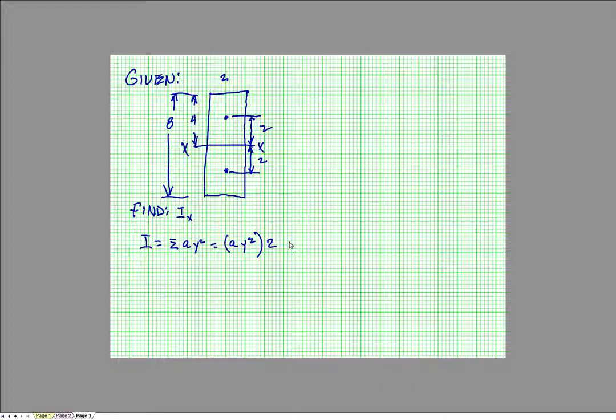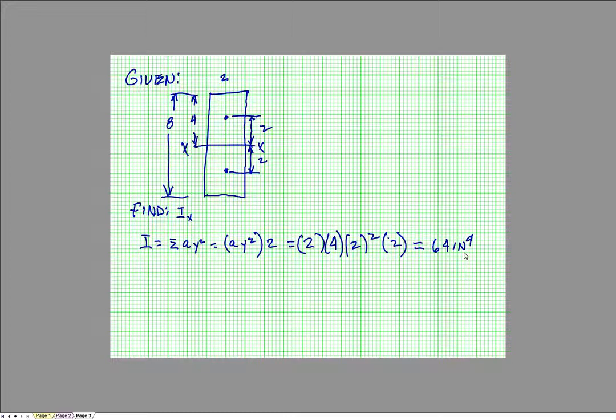So in this case we would simply multiply by 2. So the area is 2 inches times 4 inches, and we're only doing half at a time. And the distance to the centroid is 2 inches. We square that. Oh, we have 2 of those shapes, so we have another 2 to multiply. And that equals 64 inches to the 4th.